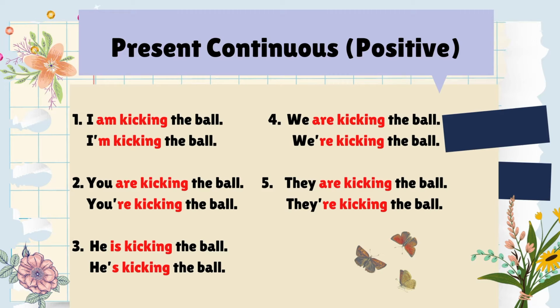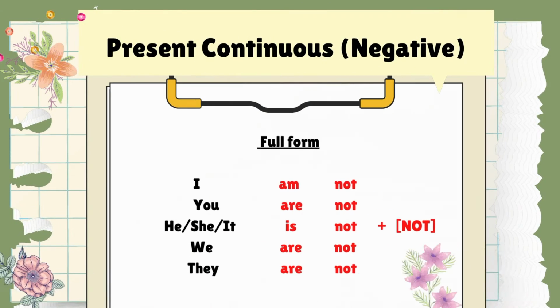Number 3, he is kicking the ball. He's kicking the ball. Number 4, we are kicking the ball. We're kicking the ball. Number 5, they are kicking the ball. They're kicking the ball. So this is how you write the full form and the short form for positive.